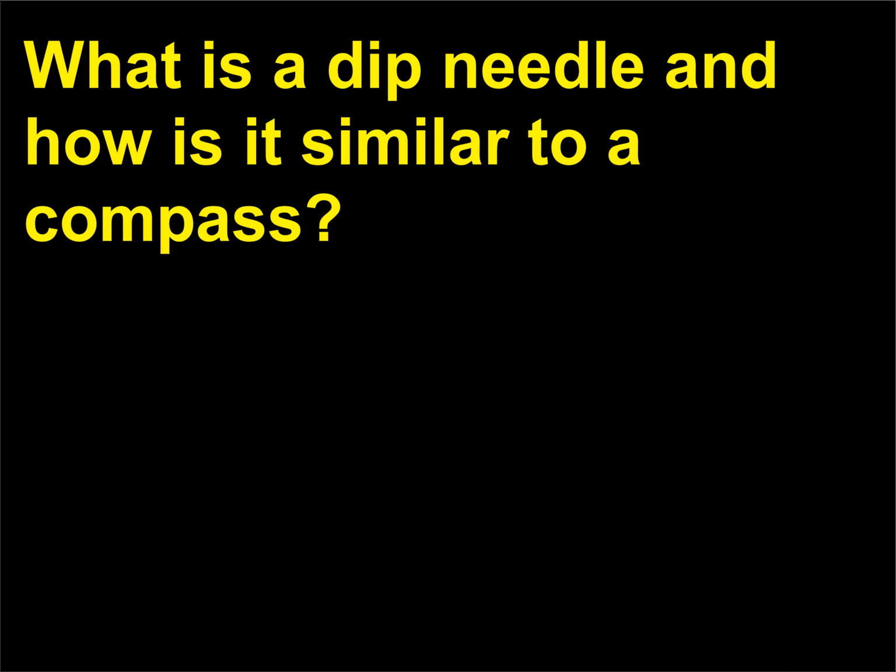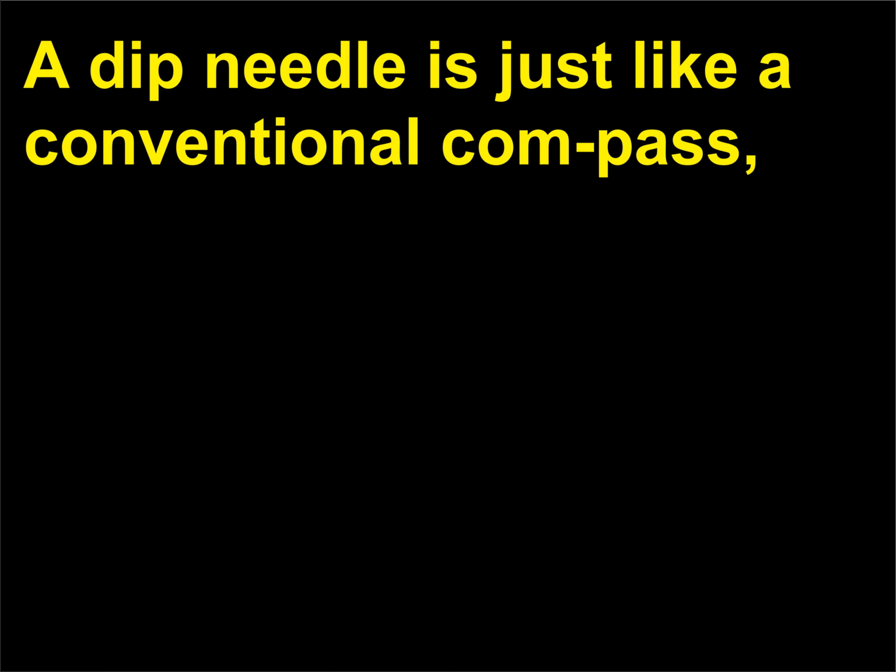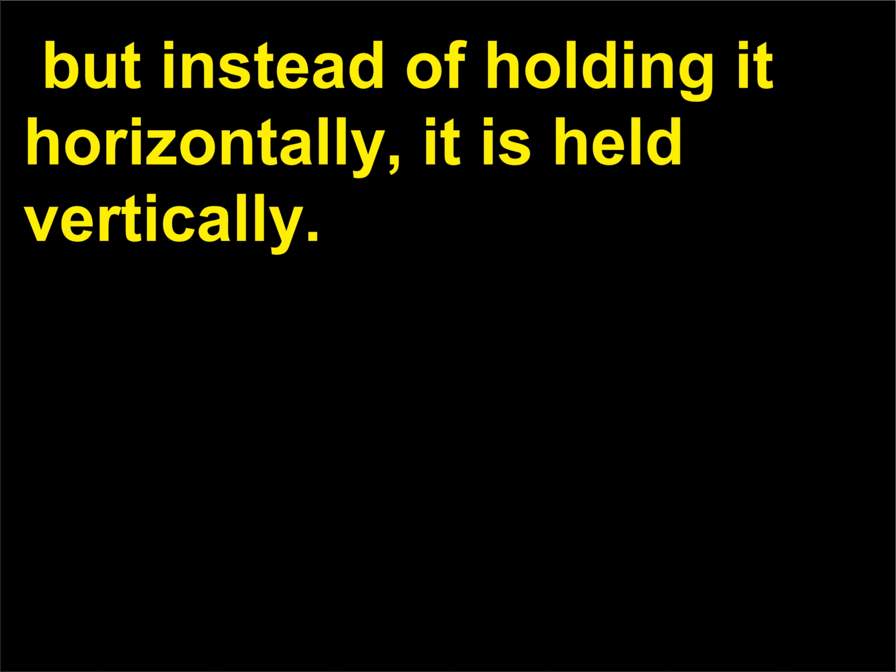What is a dip needle and how is it similar to a compass? A dip needle is just like a conventional compass. But instead of holding it horizontally, it is held vertically.